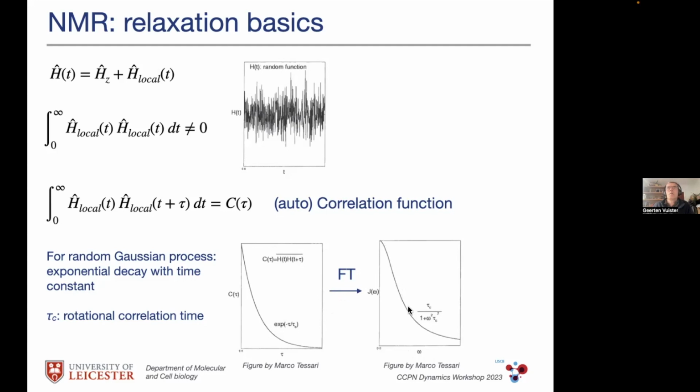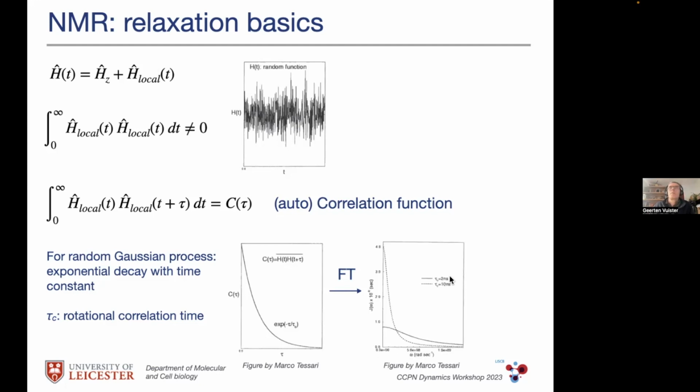Because this is an exponential, this becomes a Lorentzian function, which has this shape: tau c divided by 1 plus omega squared tau c squared. So we call this the spectral density function. And these are the spectral density functions that we are going to be using.